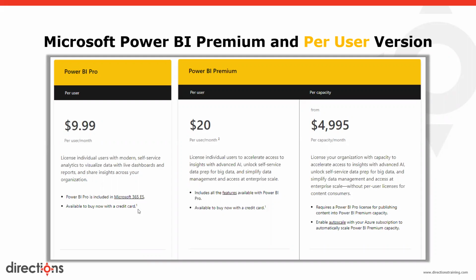So if you want to have one or two individuals have additional functionality, but you don't want to go the $5,000 route, then you can pick what I would think of as a mid-tier user, $20 per month. It includes everything in Power BI Pro, and you can use a credit card for that. So this means that it's another $10 a month, basically, on top of the Power BI Pro user.